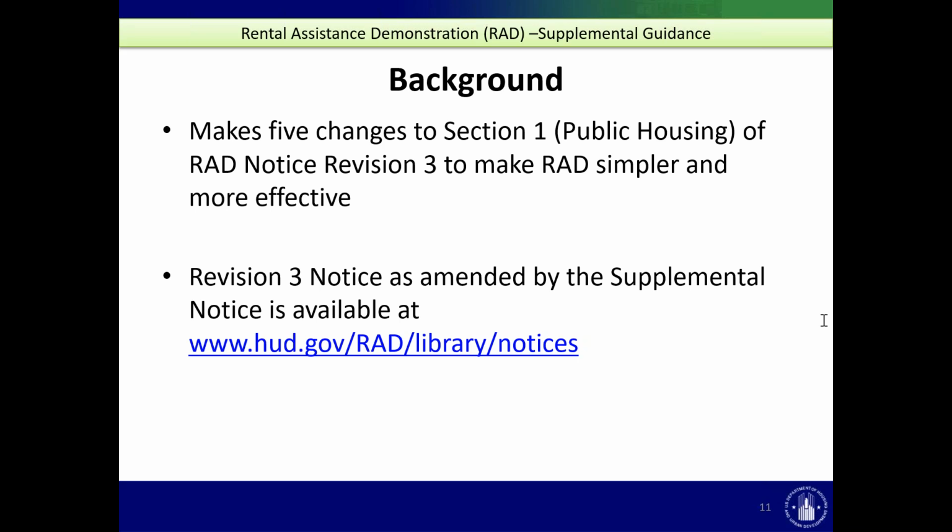We've published both the supplemental notice itself, but also a version of Revision 3 as amended by the supplemental notice. So if you'd like to have a printout of your RAD guidance in one handy-dandy place, we'd recommend printing out what we've posted as the Revision 3 as amended by the RAD supplemental notice.